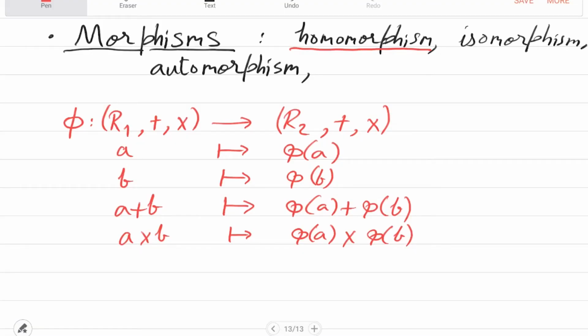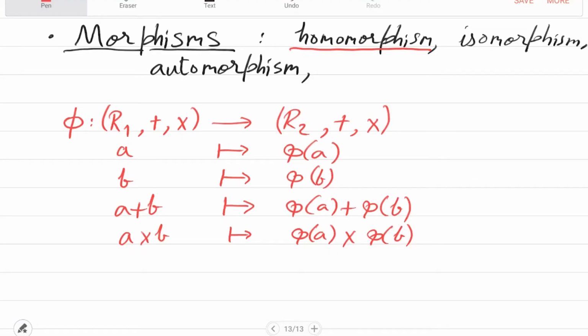Okay, so every element in R2 is hit, and it is hit in a unique way. There should not be two elements in R1 which are mapped to the same element in R2, and every element in R2 should be covered. Okay, so it should be a bijection at the level of sets, and then it's an isomorphism.